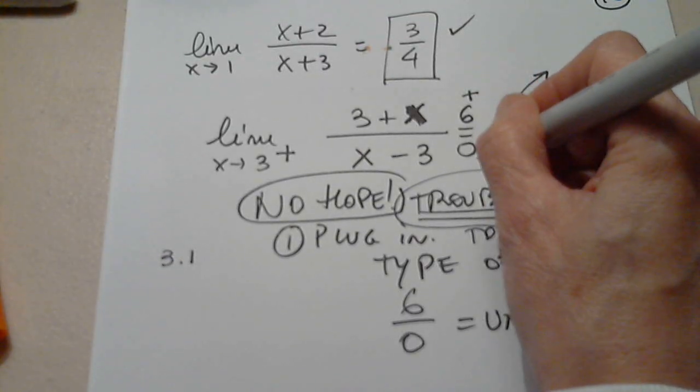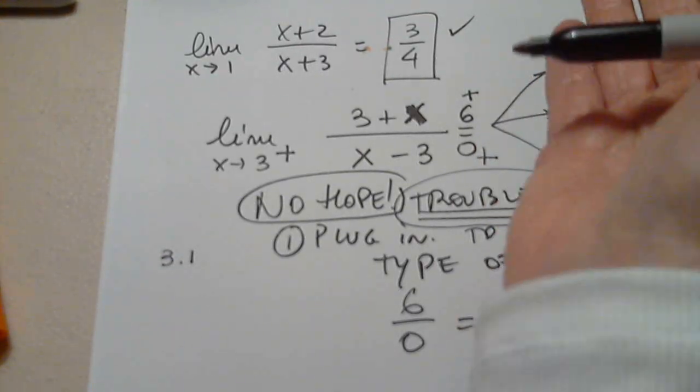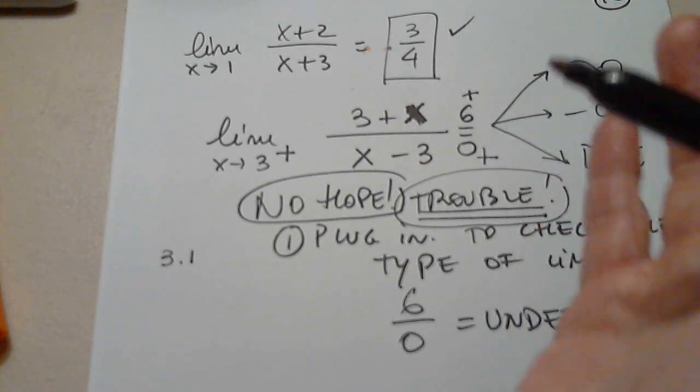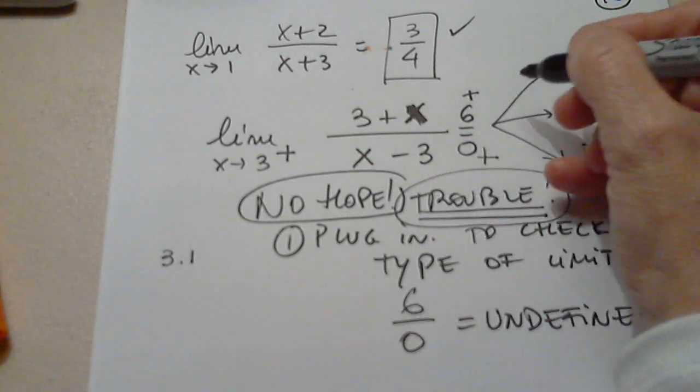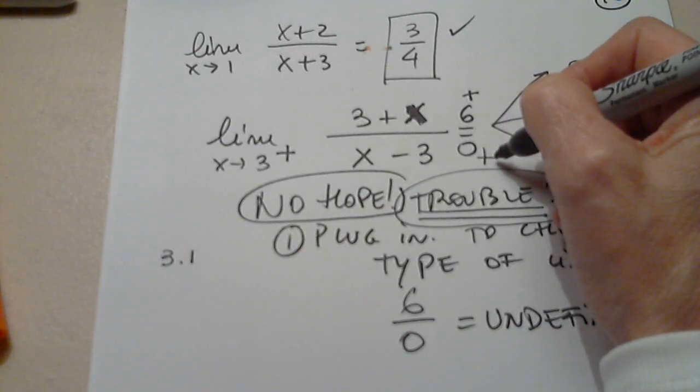Positive. Indeed. So then, and I can only choose one, which of these 3 options will I choose in this particular case? I can only choose one. Is it infinity? Exactly, because it's positive over positive.